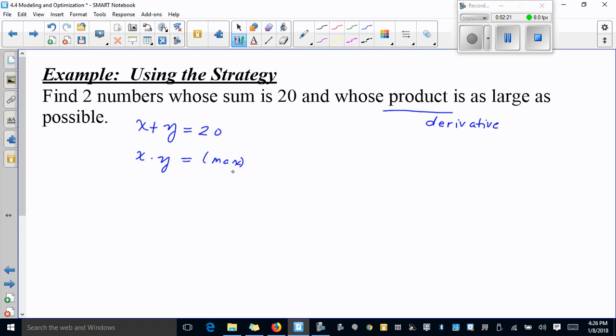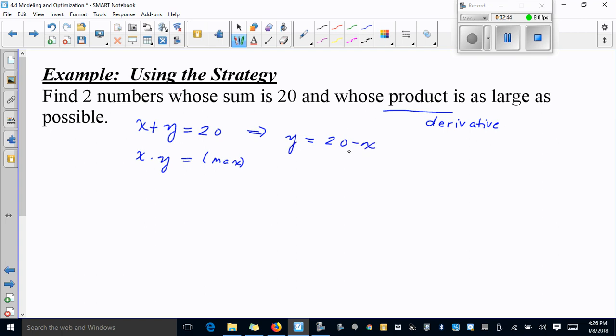So this is what we need to maximize, but we don't really want to play with two variables. So just so it's easy for us, I'm going to rewrite this in terms of x: y equals 20 minus x.